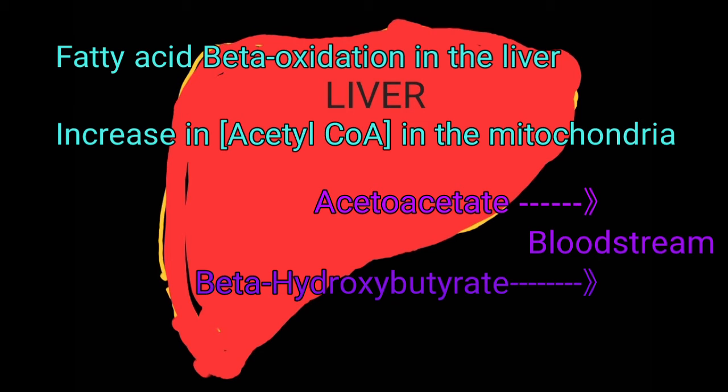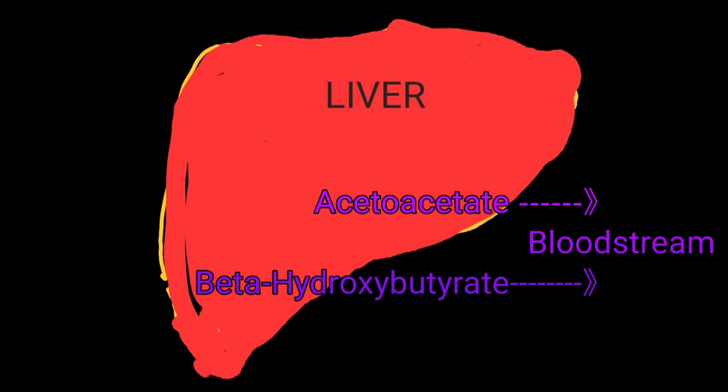And as a result, acetyl-CoA gets shunted into making ketone bodies in the liver. So that's the first important thing, is that the only organ capable of making ketone bodies is the liver.